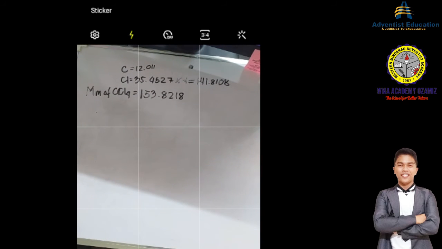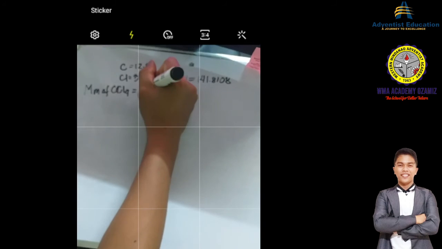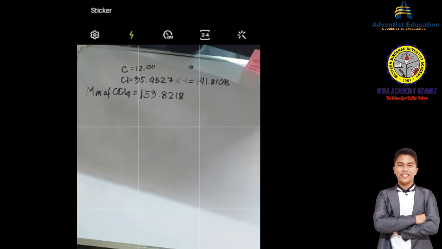Okay? So check this in your calculator if we have the same answer. 153.8218. So that will be our molecular mass of CCl4.